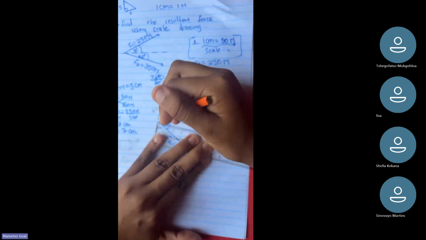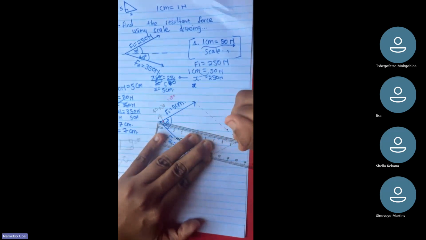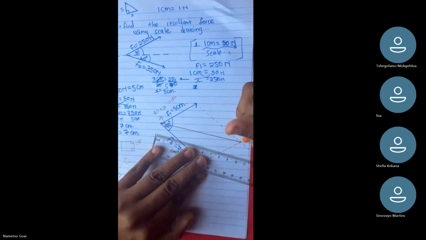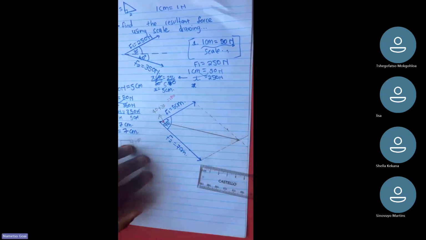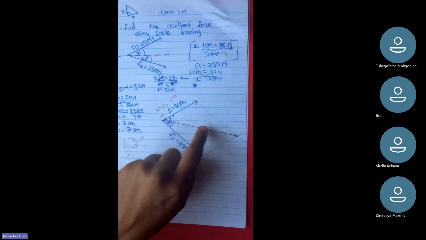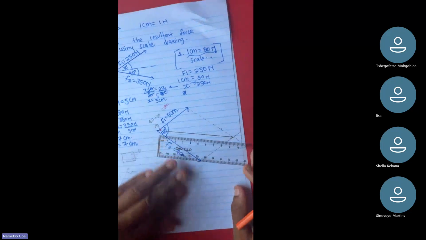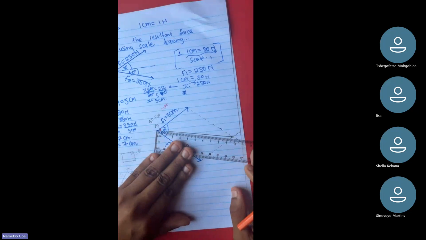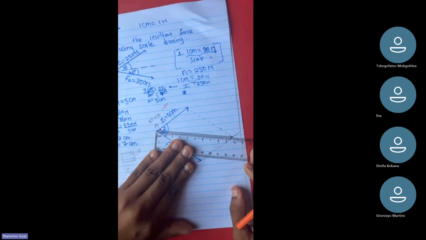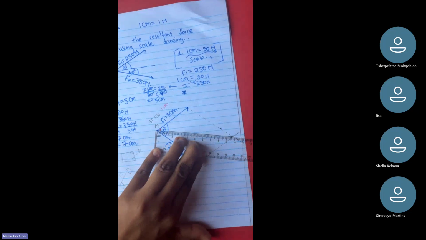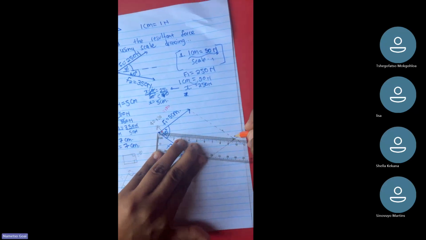Your resultant force is going to look like this. Because they said find the resultant force using scale drawing, to find the magnitude of this resultant force, you're going to use your ruler, measure it up, and see what it is on your ruler.